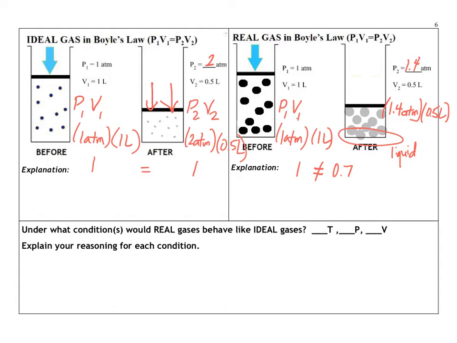Now, when does a real gas behave like an ideal gas? We usually try to set our conditions such that we have high temperature and low pressure, so the gas particles are moving very fast and there are fewer collisions between them, and a lot of volume so that we can space those gas particles as far apart from each other as possible.